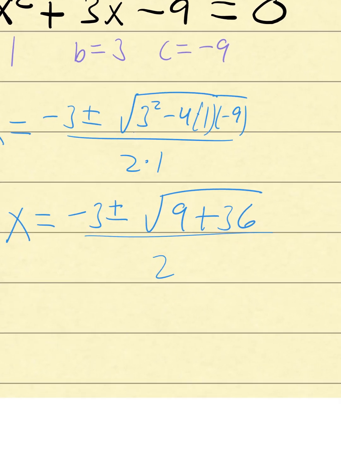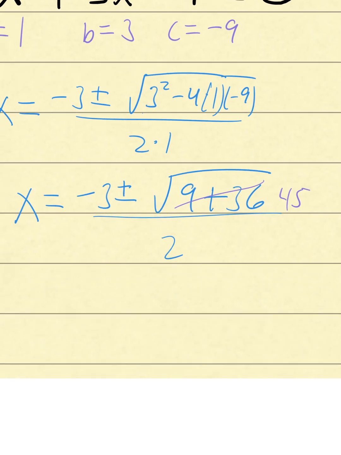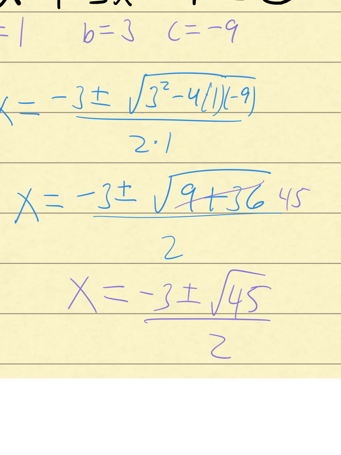Now let's simplify this. 9 plus 36 is going to get you 45. So we get x equals -3 plus or minus the square root of 45 over 2. You guys agree? Are we done?